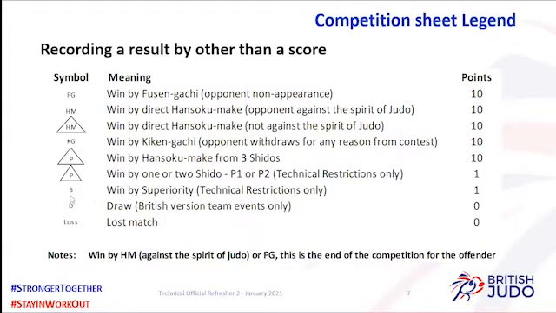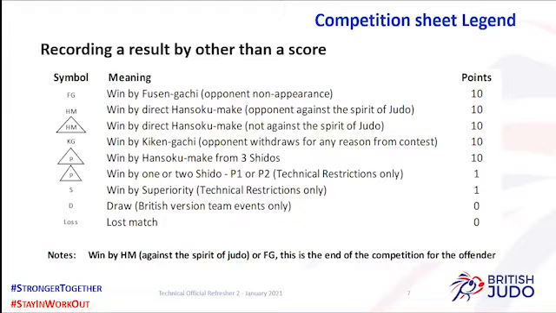Another one we've added, S for superiority. We used to use S for superiority on other stuff in the past, but we've brought it back because, again, in the technical restrictions only, and it's very, very rare you're going to see this, but in a technical restrictions match, if you go the first 3 minutes and everything is equal, scores and penalties, the athletes will go into a golden score period.